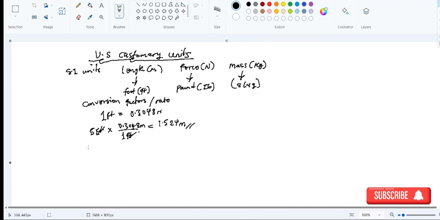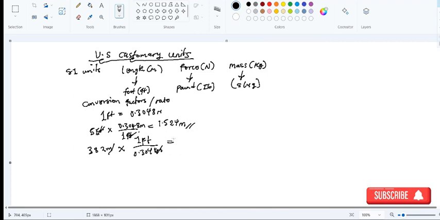For example, I want to convert 382 meters to feet. So what I need to do is write down 382 meters and then use a conversion rate. So we want to put 0.3048 meters at the bottom so that meters can cancel out. Then put 1 feet at the top and then divide.